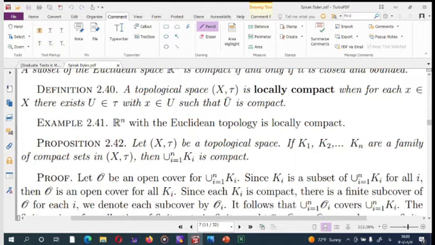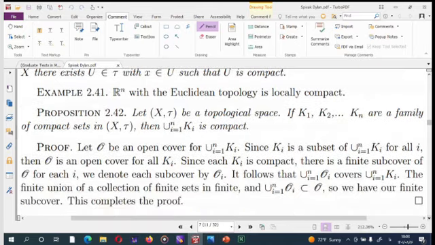and we have this easy proposition: let X and tau be a topological space. If K1, K2, ..., Kn are a finite family of compact sets, then this union of compact sets is compact too.